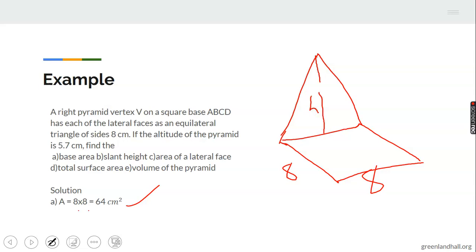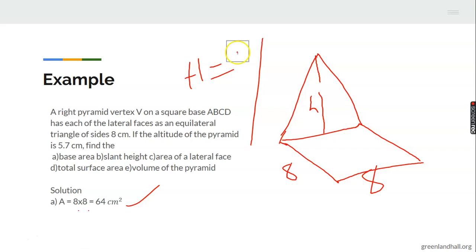While the height of the pyramid is given to be 5.7 centimeter. They want us to get the slant height. So this is the slant height. Here is 8. Here will now become 4. Here is 4, here is 4 because it's an isosceles triangle.